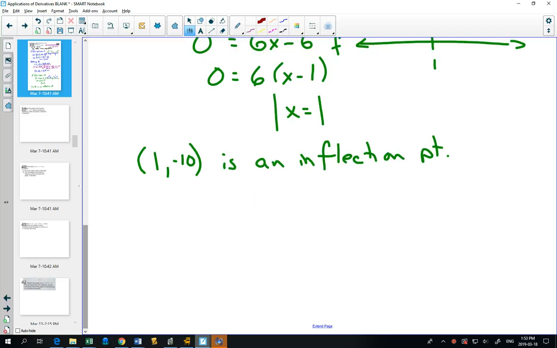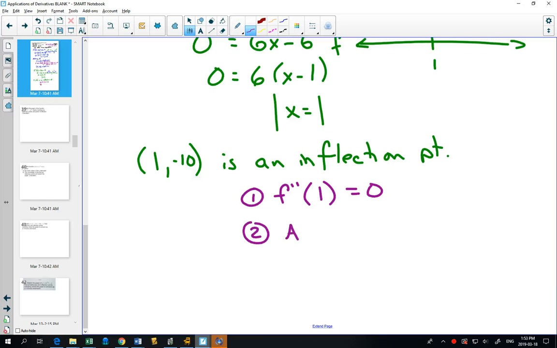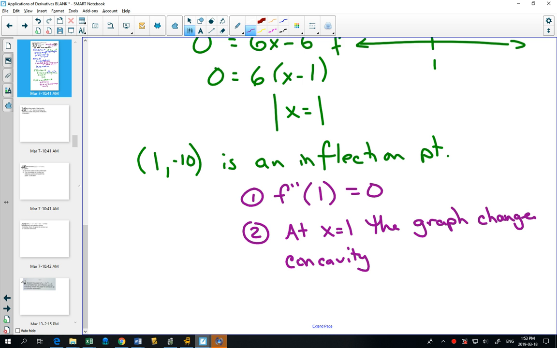Again, if they asked you to explain why it's an inflection point, the explanation needs 2 reasons. We would need to say that f double prime at 1 equals 0, and 2, at x equals 1, that the graph changes concavity.